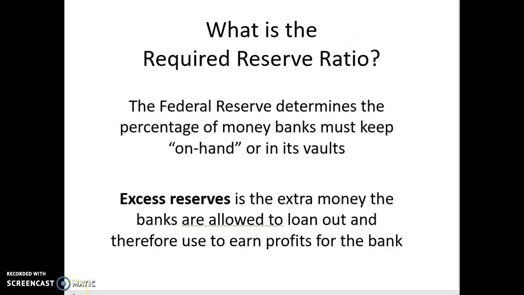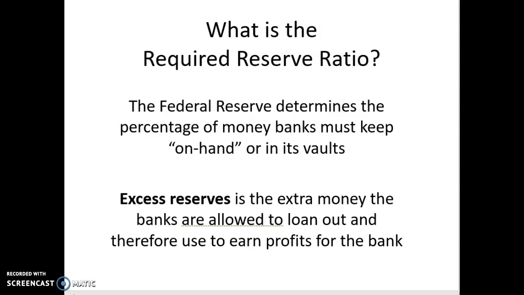All right, so the Federal Reserve determines the percentage of money banks have to keep on hand or in their vaults. So think about where you bank. I happen to bank at First Bank. My guess is some of you are at Wells Fargo, KeyBank, Chase Bank, etc. Those banks are all businesses, and the Federal Reserve oversees their activities.